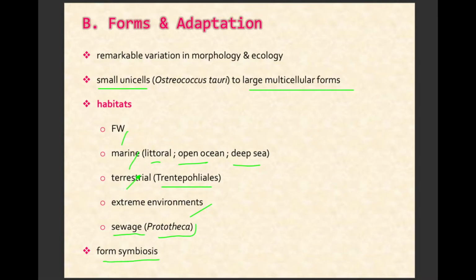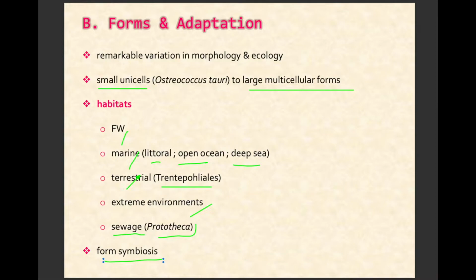In terms of symbiosis, a famous example of a chlorophyte would be your Trebouxiophyceae, which form symbiotic relationships as, for example, the phycobiont in your lichens. They form close association with fungal species to form your lichen that can be found on top of trees, for example.